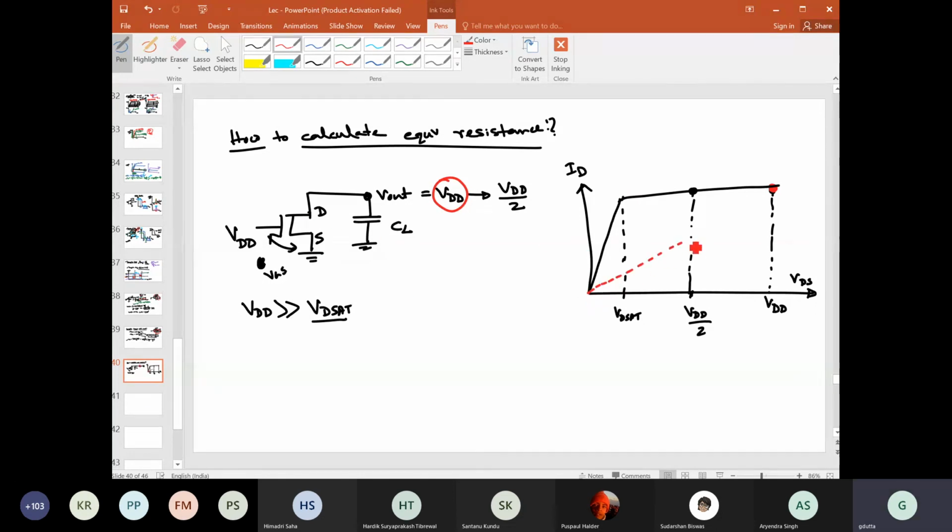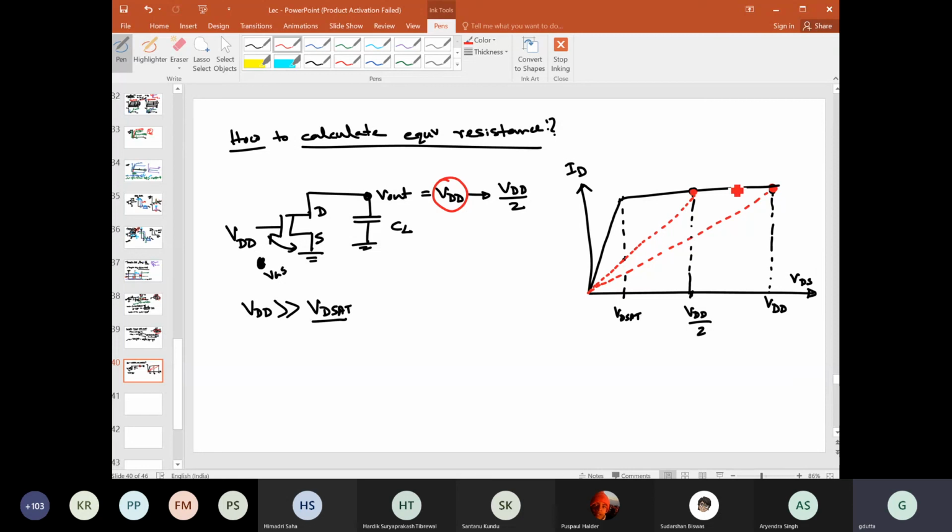If you simply connect these two points and take the inverse slope of this line, that will give you the resistance of this MOSFET when it is operating at this point. Similarly, when you consider the VDD by 2 point here, the resistance has changed, and it is given by the inverse of the slope of this line. And it is continuously changing.